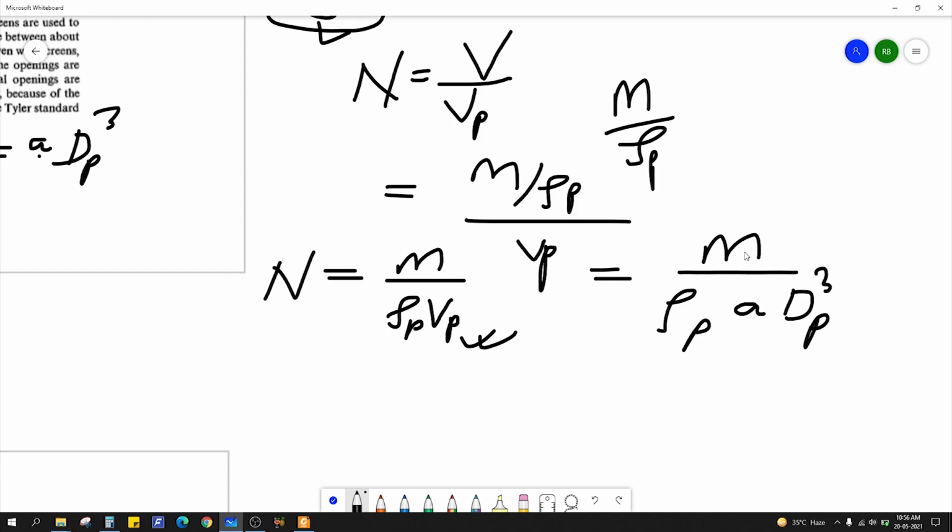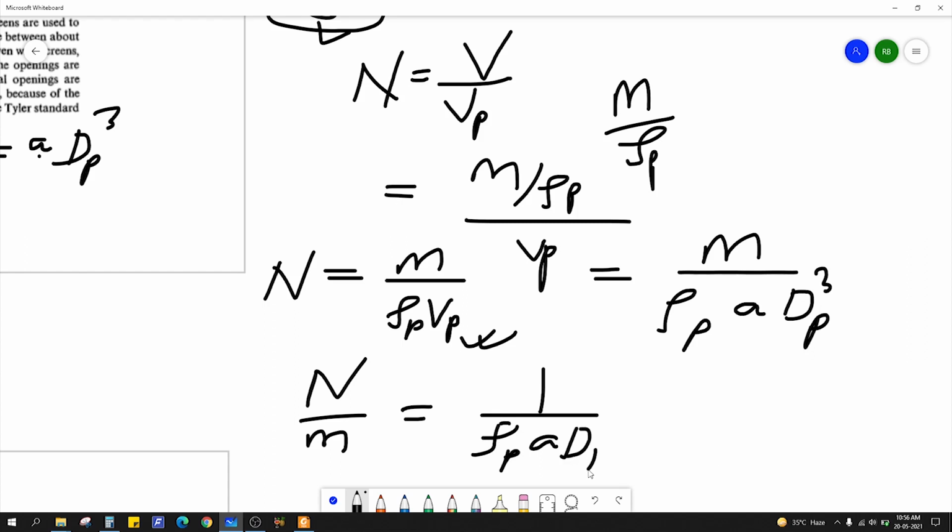If you divide both sides by the total mass, we get N by m equal to 1 by rho p a dp cube.